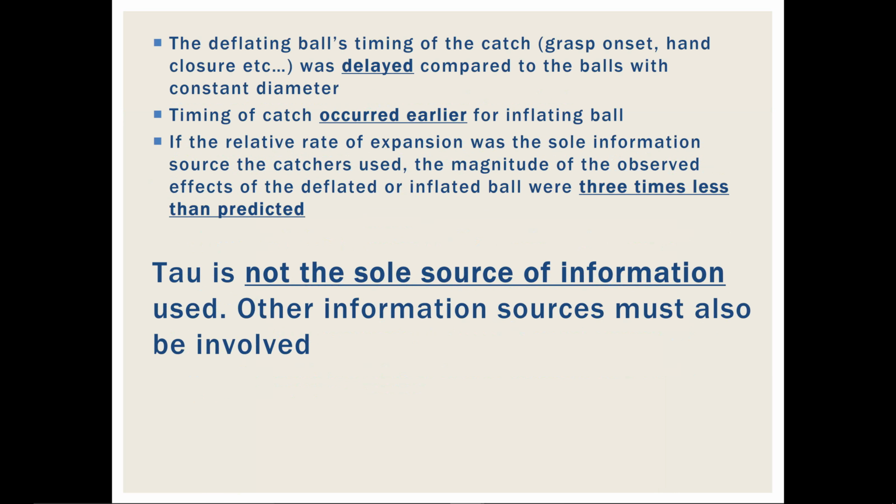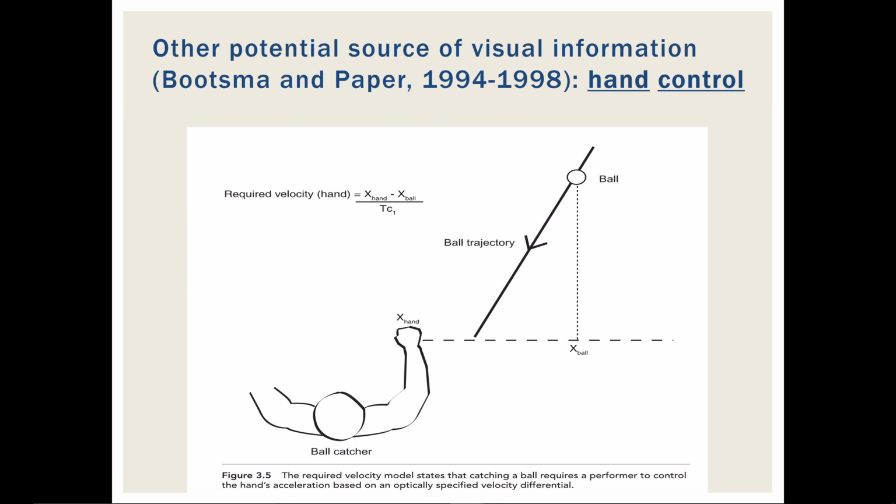Other informational sources must also play a role. And one of those sources of information, they said, is hand control. Our ability to perceive visual information is even more complex than we originally thought. You're not just using tau, but you're matching tau with the acceleration of your hand when you're trying to intercept an object.